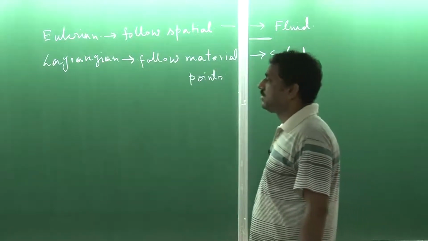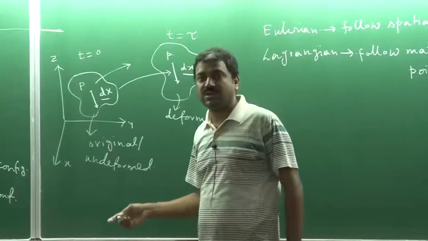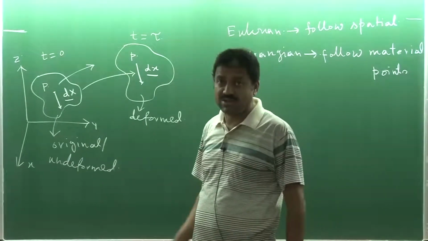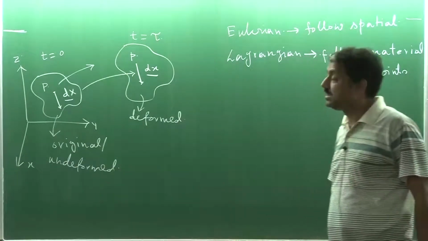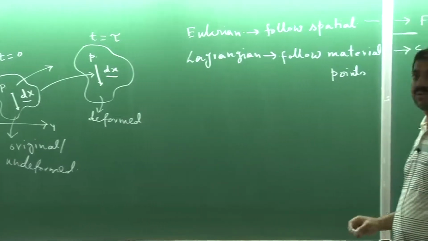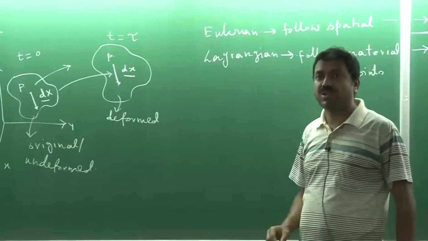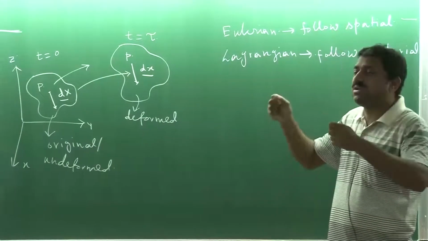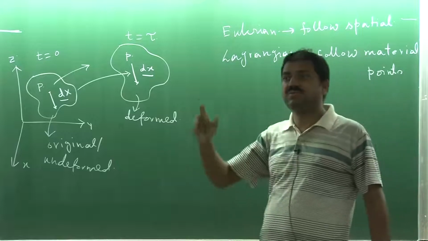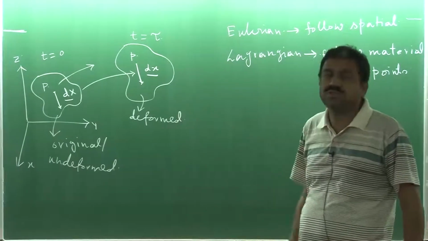We need to go back to the original or undeformed configuration and describe everything with respect to that. That is why the Lagrangian description is more suitable for solid, whereas for fluid the Eulerian description is more convenient, because we can fix our points in space and study the behavior of the fluid particle as it passes through that point.